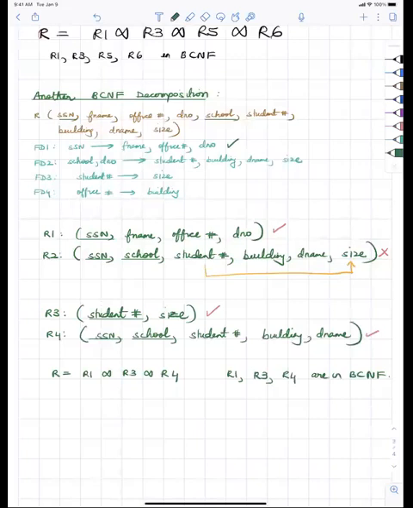For example, if A goes to B and B goes to C, then you know that A also goes to C. You should try to derive all the implicit functional dependencies before you try to divide the original table into Boyce-Codd.